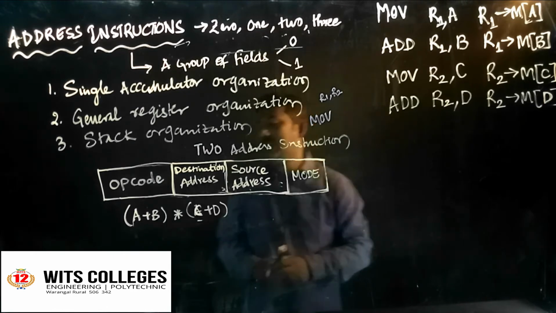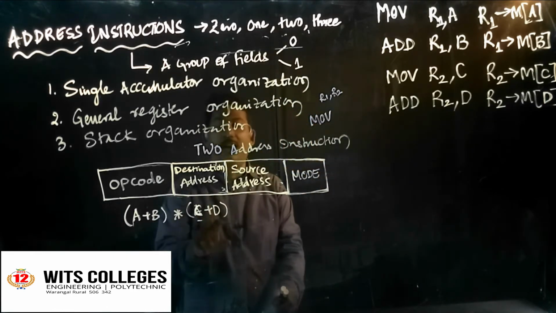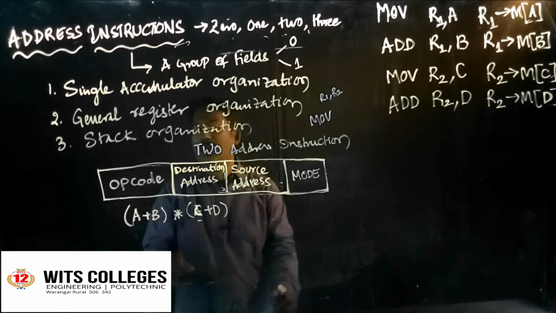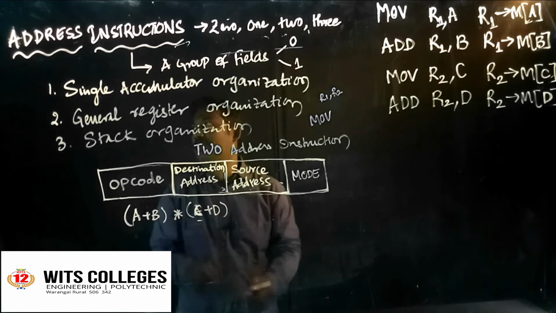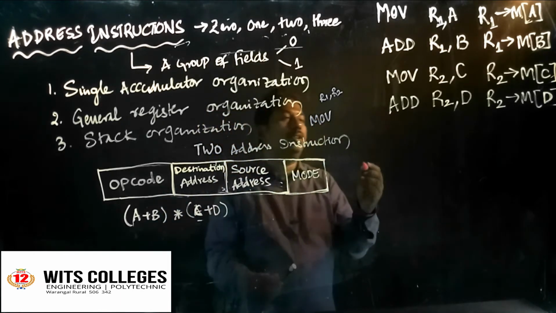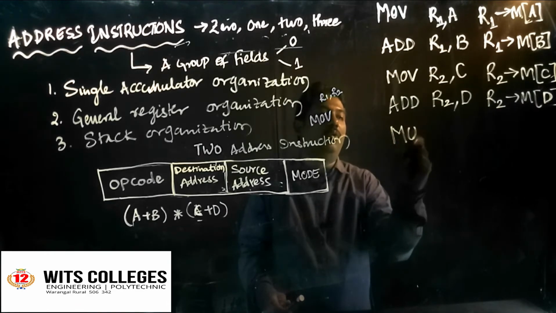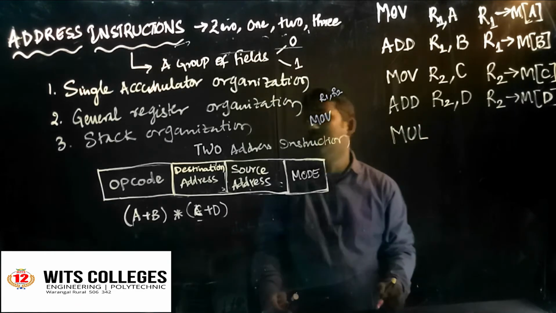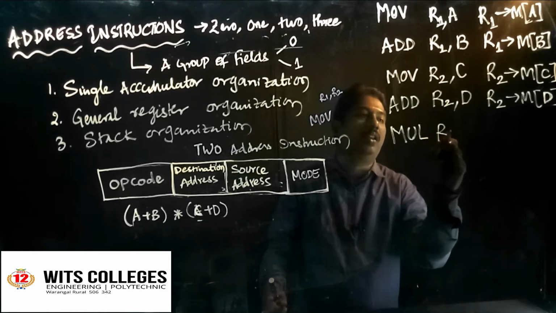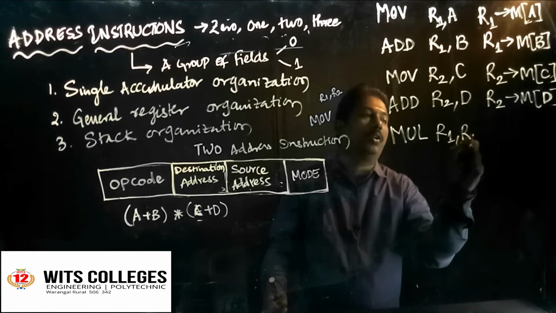So this step is completed: A plus B is completed and C plus D is completed. Now we are going to multiply these two. So what do we have to use? MUL, that is, multiply R1 comma R2.